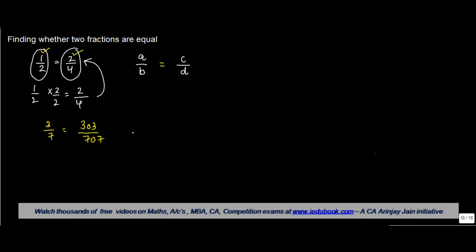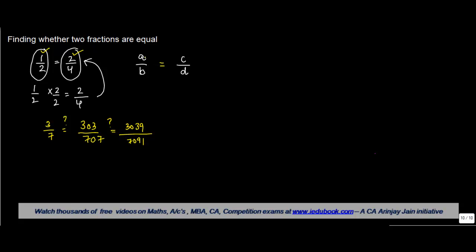right? Now if someone were to ask you whether these two fractions are equal, you might get a little confused. Or more so, let's say you get 3039 and you get 7091. So how do you know whether this fraction is equal to this or equal to this?